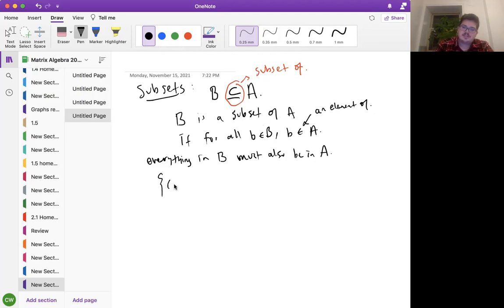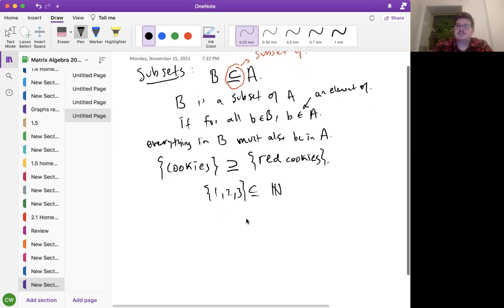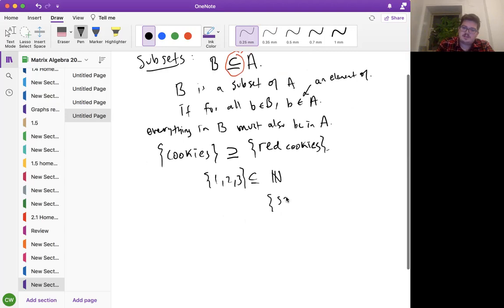So the set of cookies, red cookies. Sure, we have natural numbers, and we have the set 1, 2, 3. Sure, rectangles and squares, I like that one. Squares, other way around, right? Rectangles are the bigger one, and squares are a type of rectangle.